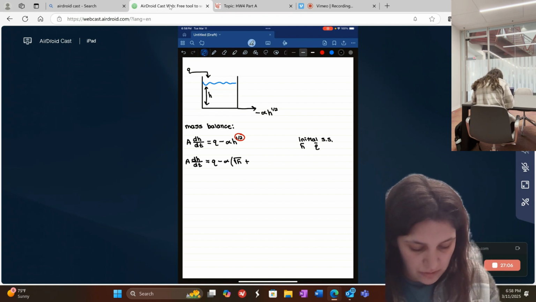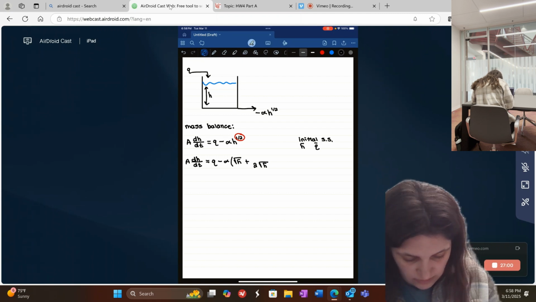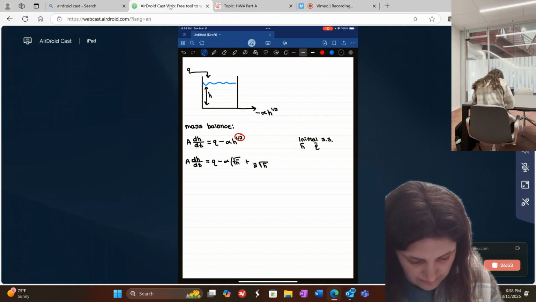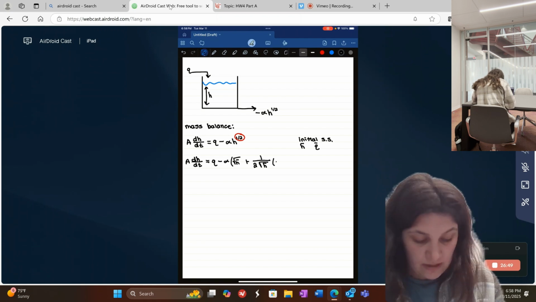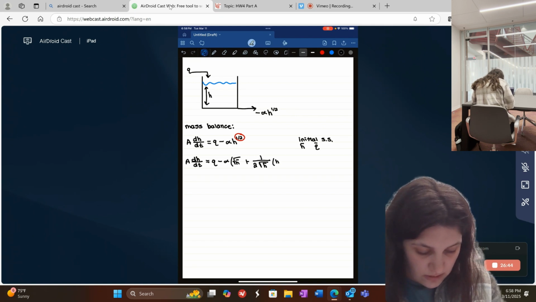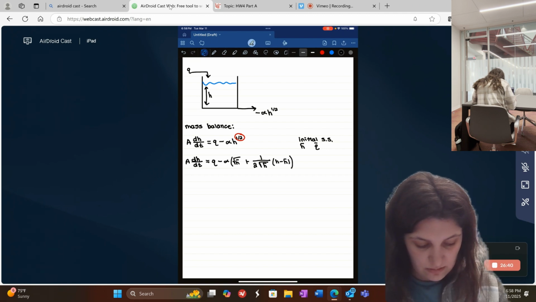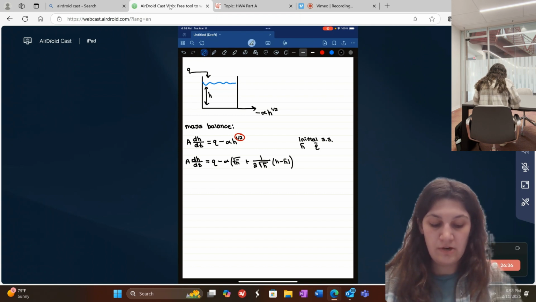So that's plus 1 over 2 square root of h bar. I don't know that those bars are super clear. There we go. And then multiplied by the deviation from the initial steady state, so that's h minus h bar. So now we have our linearized equation.